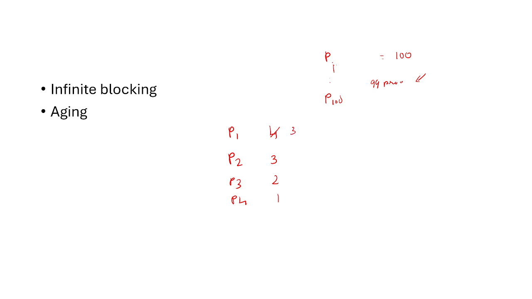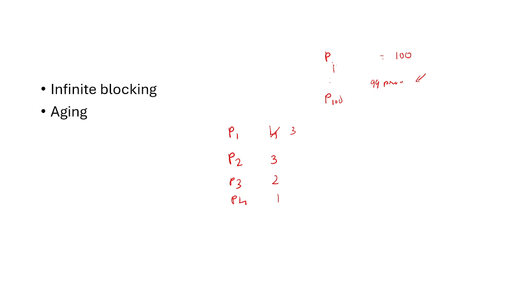So every time we keep on changing the priority. That is called aging. The solution for infinite blocking is aging.